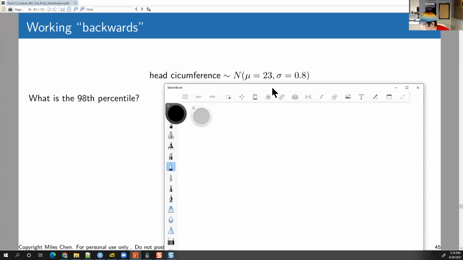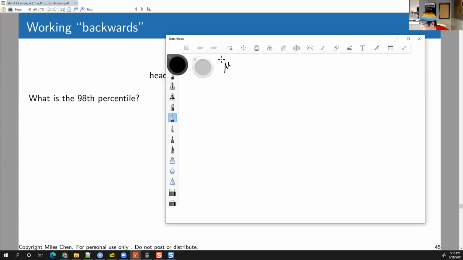Okay, so we've got the mean is equal to 23. The standard deviation is 0.8. And what we want to know is, if we were to draw a picture, the picture looks like this.